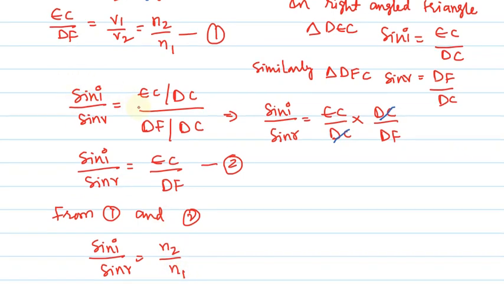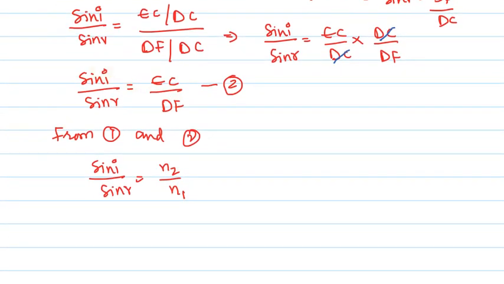Okay, so let us cross multiply the terms. Multiply sine I with N1, sine R with N2. So then the relation can be written as N1 sine I is equal to N2 sine R.